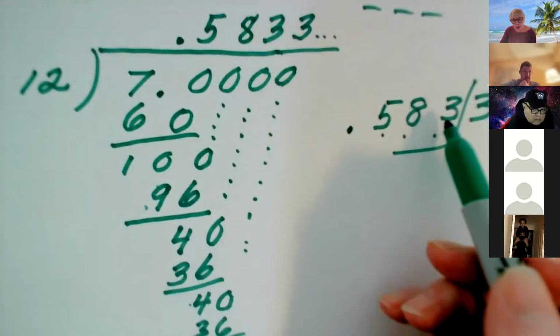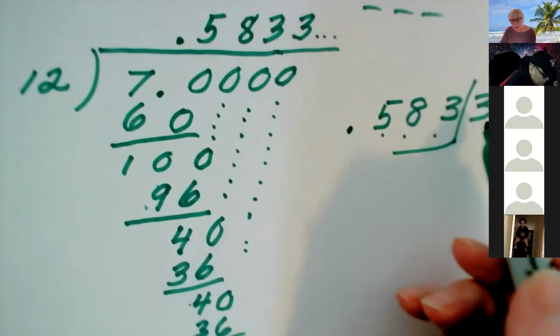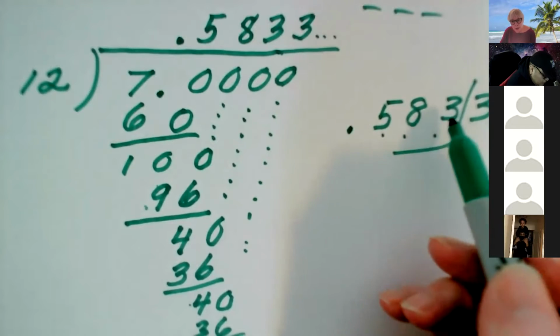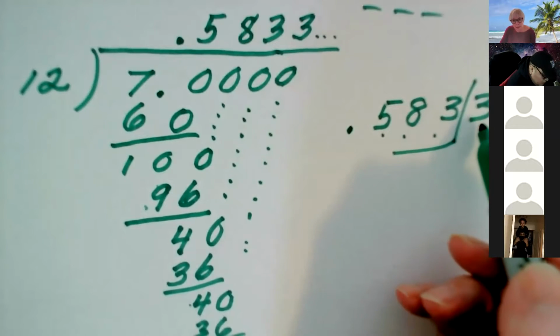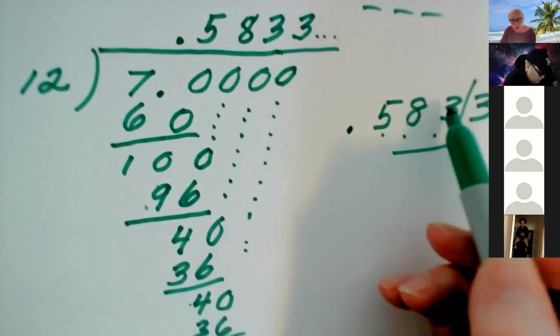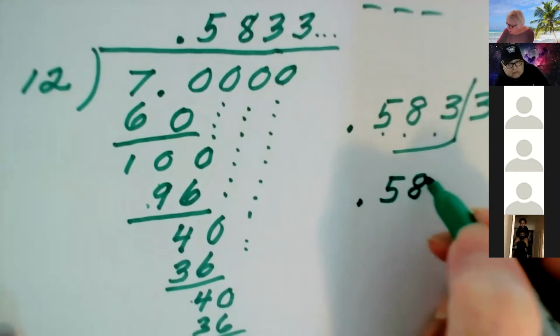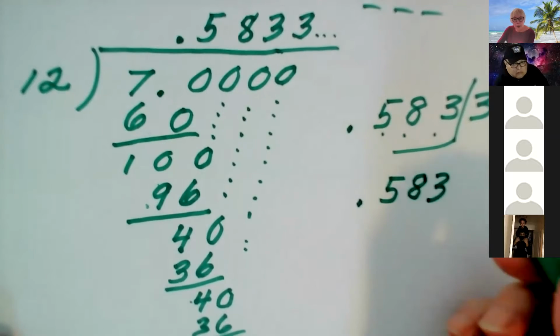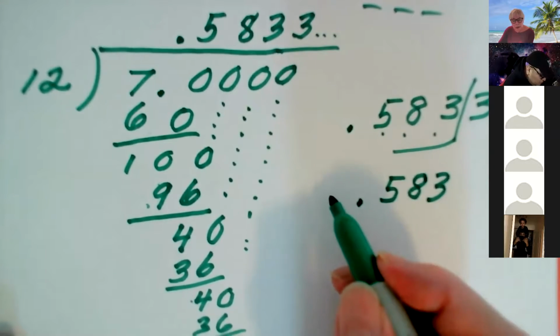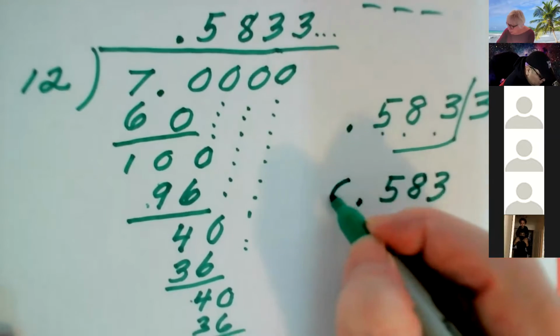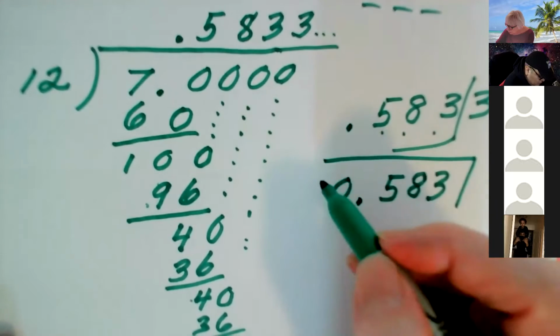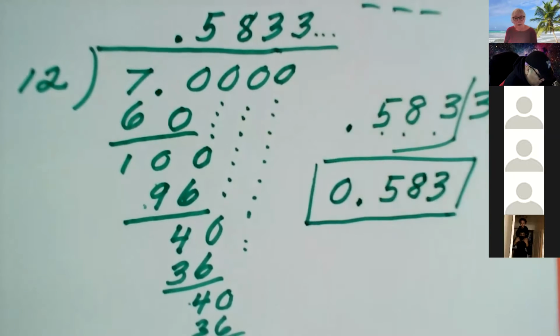So I have to decide, does the 3 stay 3 or does it go up 1? And it's based on the very next number. So that's why I had to go an extra place. The 3 doesn't shift this up. So what I have is 583. That would be correctly rounded. Now, what we said before about this front 0, I personally would put it in at that point.